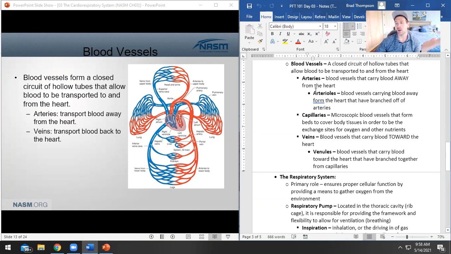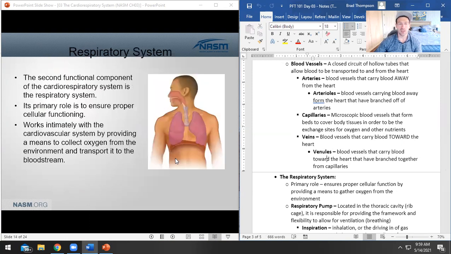An arteriole is basically a blood vessel that branches off of an artery. It's the miniature version of an artery. You have the same thing in venules. Venules are basically smaller versions of veins. But honestly, you're probably not going to see those terms. Arteries to capillaries to veins, okay?